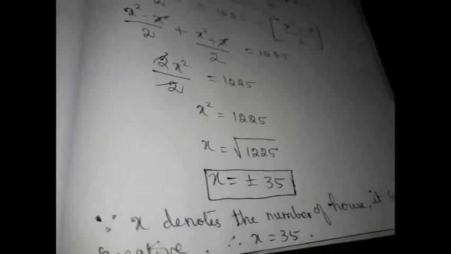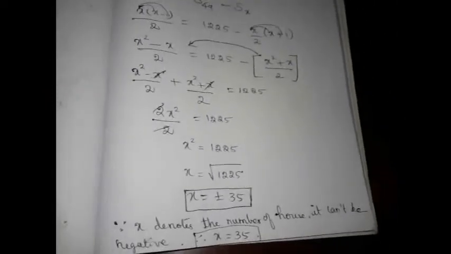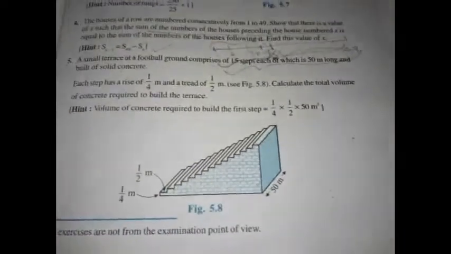So you can give your conclusion by saying that therefore 35th house only will satisfy the condition stated in the question, or x equals 35. Hope you understood. This is again the mere framing of your equation and solving. If you know to make out this statement, this equation, then the problem will go smooth to solve. Right? Hope you understood. Let us move on to the last question in this exercise.